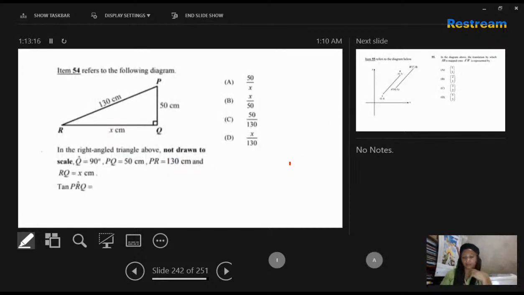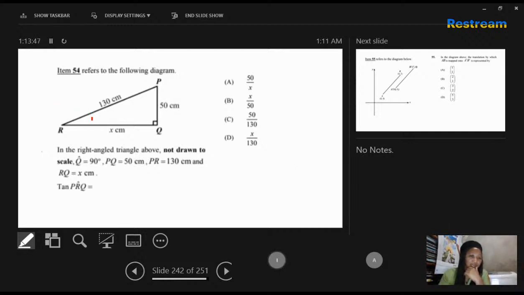Okay, Imani. Okay, next item. In the right angle triangle above, not drawn to scale, angle Q is 90 degrees. PQ is 50 centimeters. PR is 120 centimeters. And RQ is x centimeters. The tangent of PRQ is this.